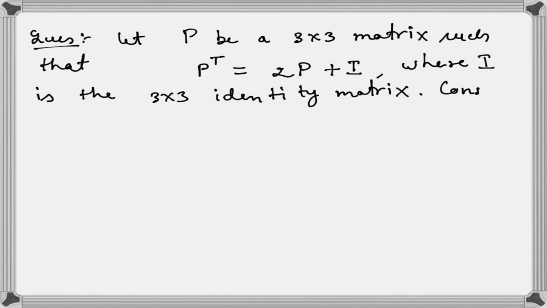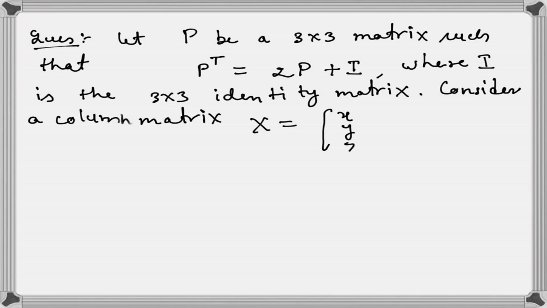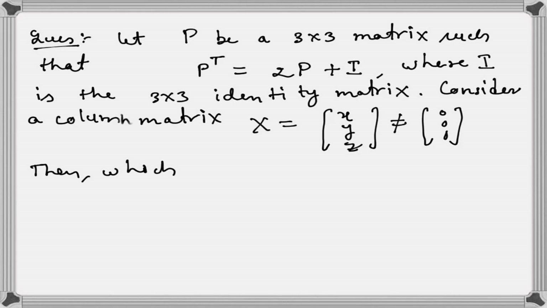Consider a column matrix, also called a column vector, X as x, y, z, which is not equal to 0. That is, we are considering a non-zero vector X. Then which of the following is true?